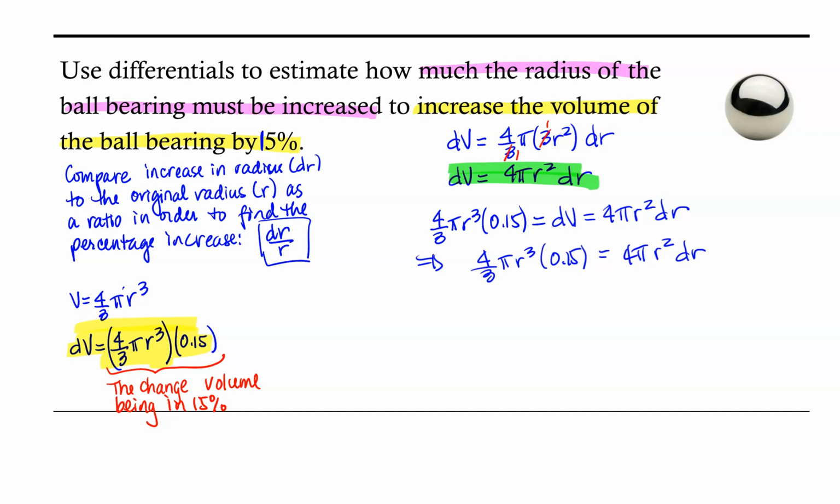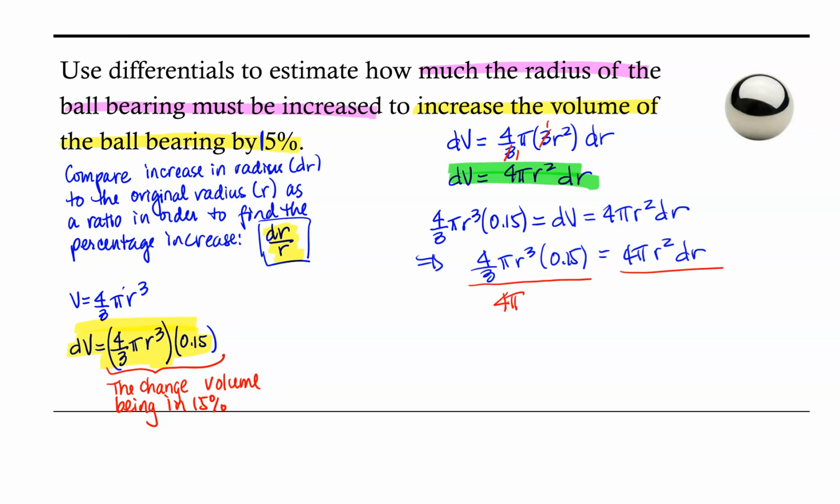Now keep in mind that we're interested in finding this percentage increase, this dr over r. So let's take this equation and rewrite it so that we have that ratio. So for example, I can divide both sides of the equation by 4 pi.